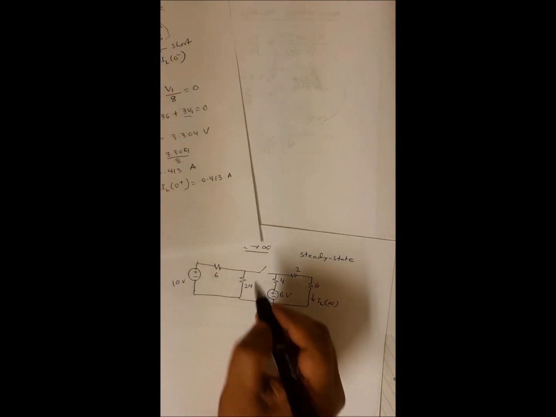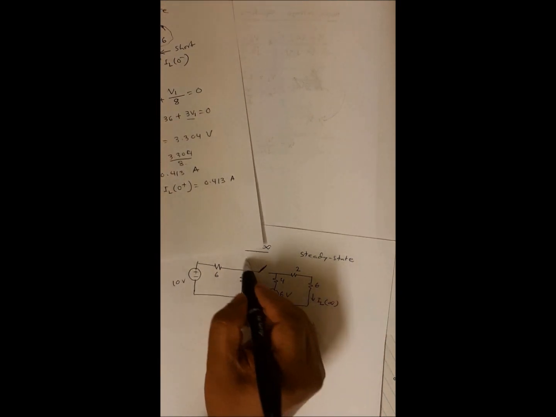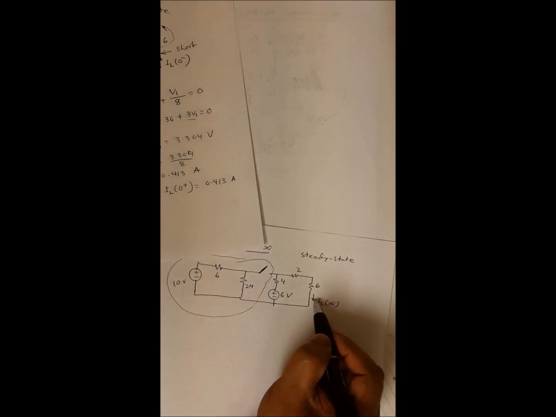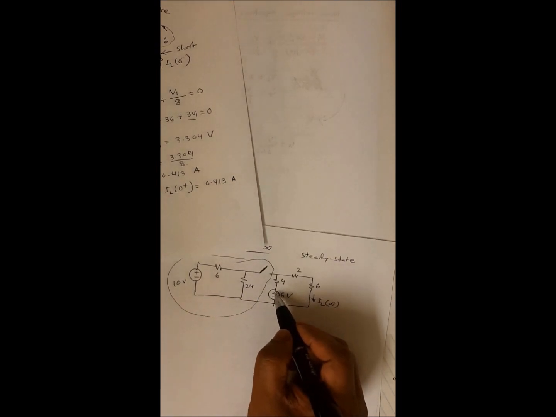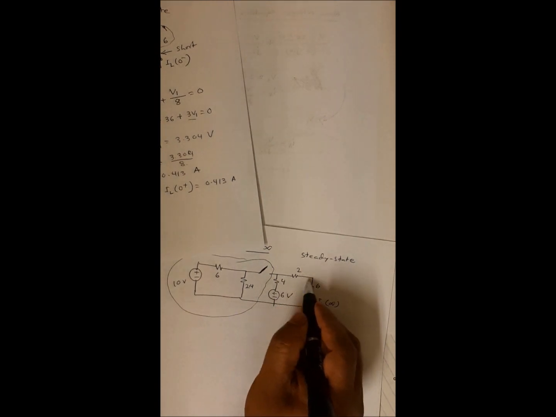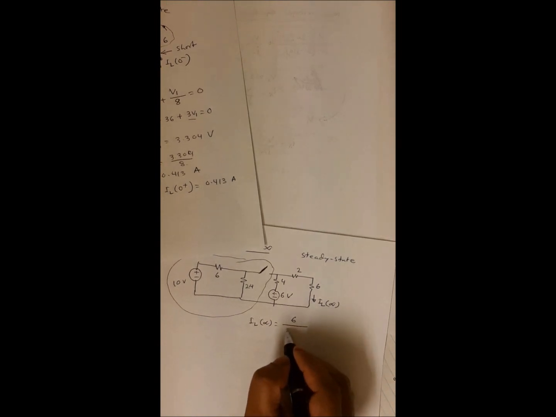This is 2.4 and this is 6, this is 10. As the switch is open, this part has no effect on the inductor. The inductor is completely connected with the 6 volt source. You see this is a simple series circuit. So IL infinity will be 6 divided by 4 plus 2 plus 6. So that is 0.5 ampere.